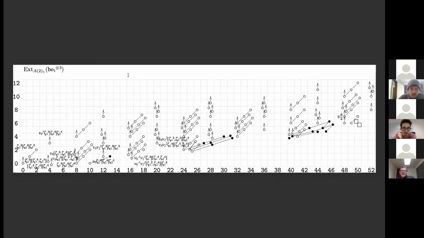Yeah, BO1 cubed. Okay, so now we're at BO1 cubed. So this is getting kind of messy, right? But you do start to see, if you think back to some of the previous BO1s, some familiar patterns showing up. You again see there's a hook and a hook and a dual hook and a dual hook. But that's not accounting for everything.